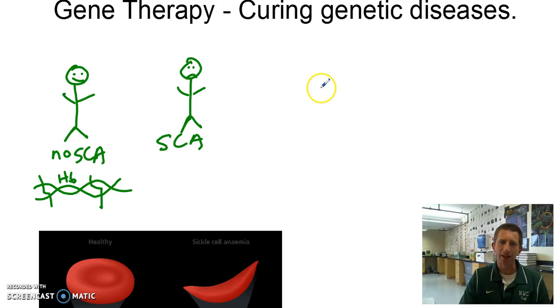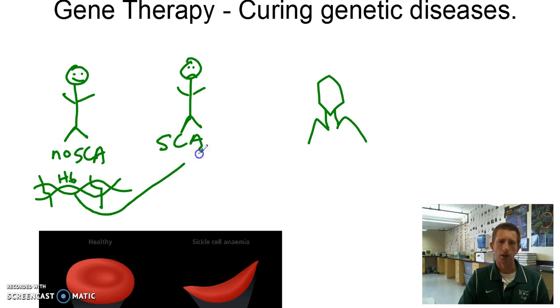And then we can take that gene and we can put that gene into a virus. So there's the virus. So here's the gene, and it's going to go into the virus, right? So now the gene's in the virus.